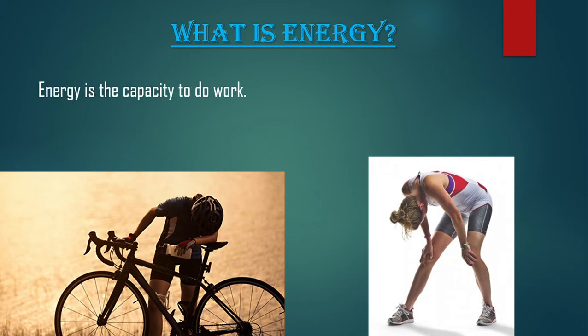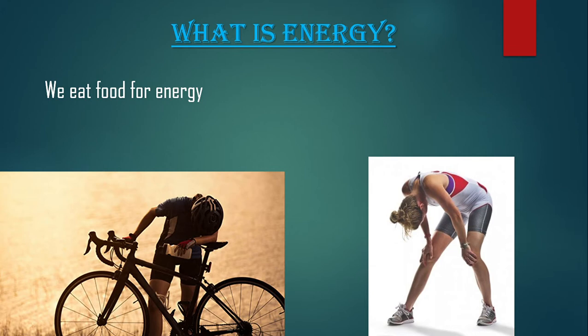So what is energy? Energy is a capacity to do work. It gives you the capacity or the ability to do work. The amount of energy you have, that much work you can do. Now from where do we get this energy? Whatever food we eat, from that we get this energy.